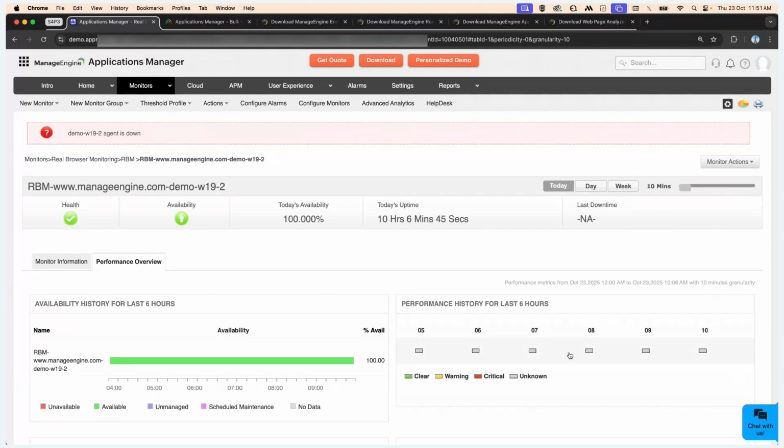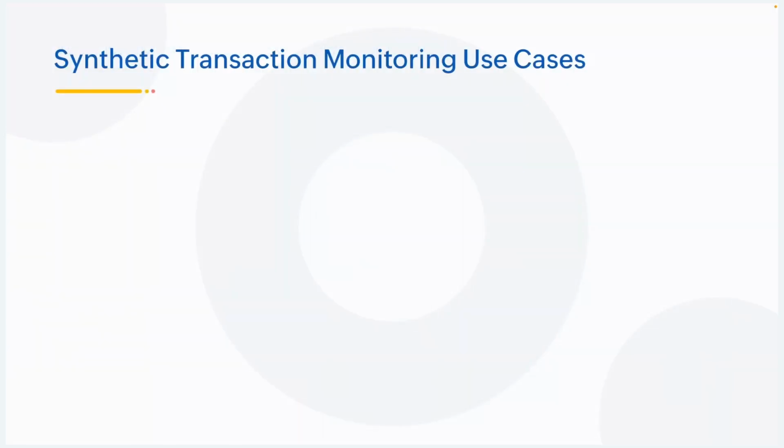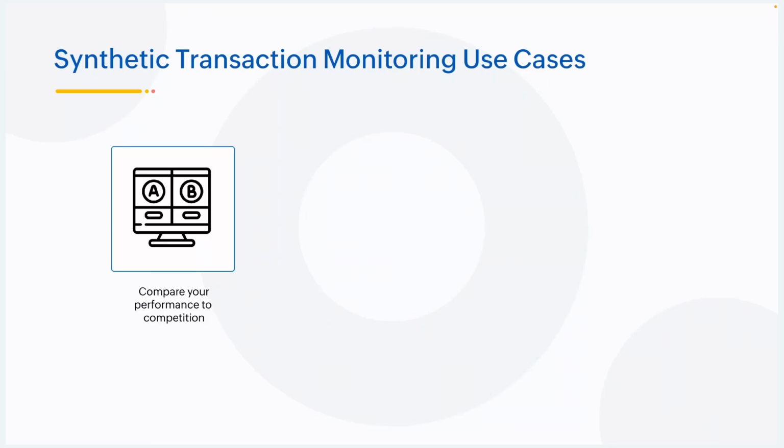Now let's go on and see some other use cases where synthetic monitoring is helpful to your business. So here are the use cases where your businesses would actually need synthetic transaction monitoring. First and foremost, you'll need to compare your performance with the other competitors.